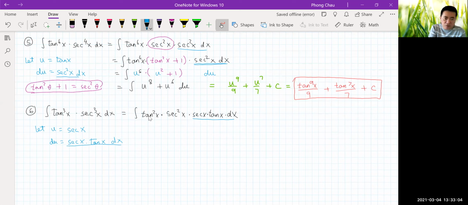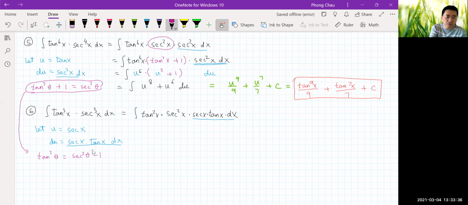So you want to change your tangent squared in terms of secant squared. You can see up here, I have that relationship. If you want to write tangent in terms of secant, subtract 1 on both sides, then tangent squared theta is secant squared theta minus 1.